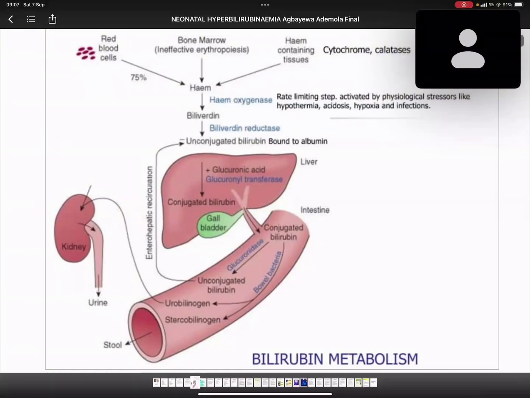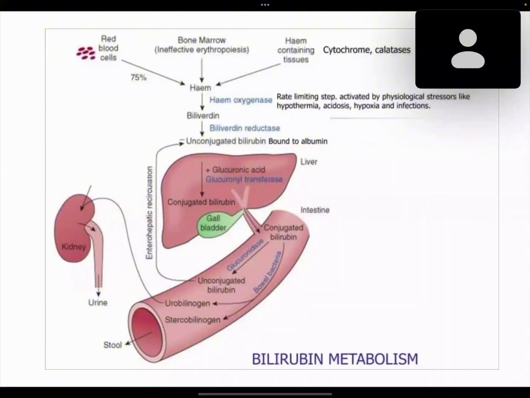So when this red blood cell is broken down, it gives rise to heme, and furthermore gives rise to bilirubin. Now, there are two forms of bilirubin: the unconjugated and the conjugated. I don't want to bore you much with the medical terms, so I'll just go ahead with where they have been broken down.